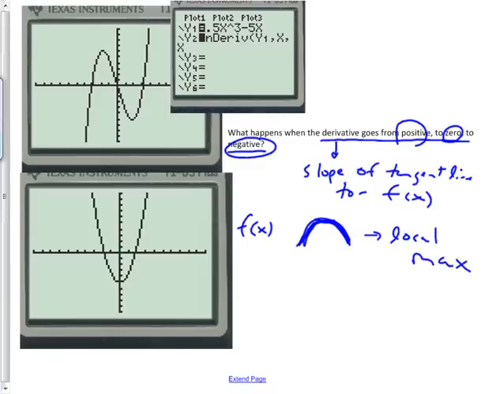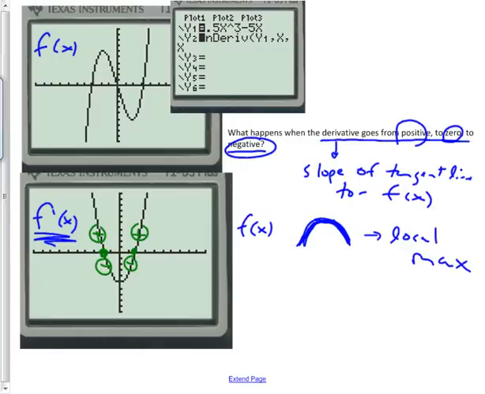So let's go to the derivative function. Here's the derivative function, and we want to know when it goes from positive to 0 to negative. Well, here it's positive, 0, negative. Here it's negative, 0, positive.